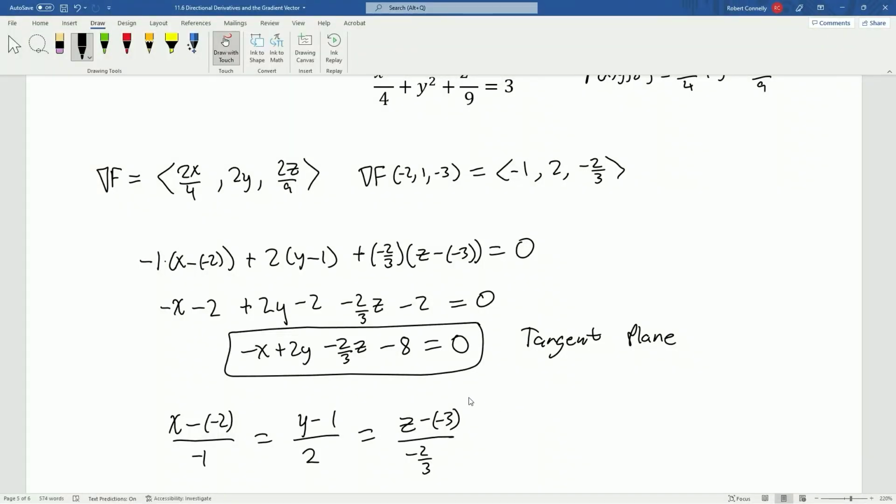So those are our symmetric equations for the normal line. We could clean those up a little bit and just make it (x plus 2) over -1 equals (y minus 1) over 2 equals (z plus 3) over -2/3. And I think that's fine. I'm okay with just leaving that in that form.